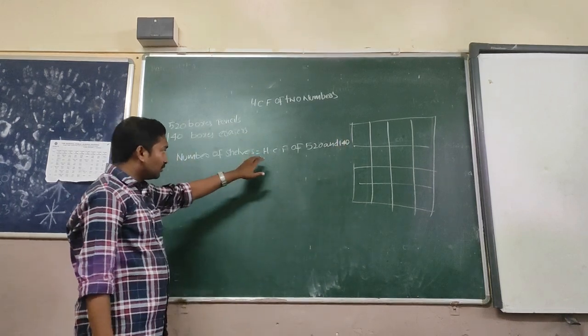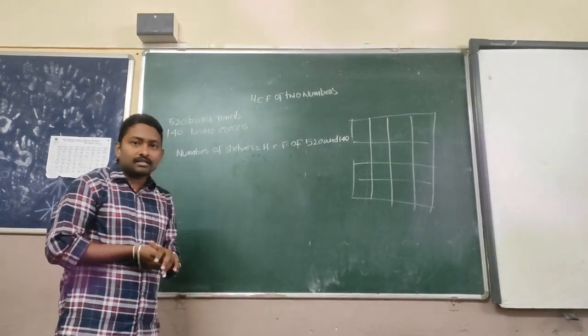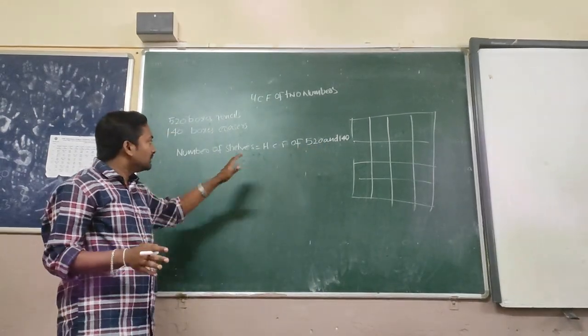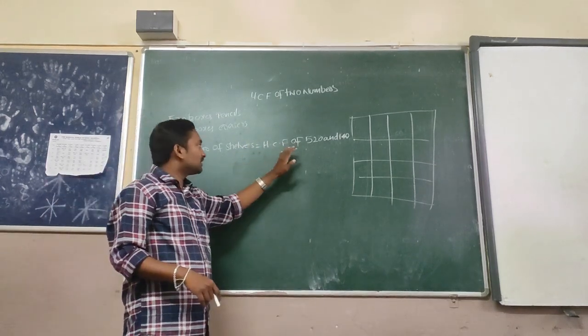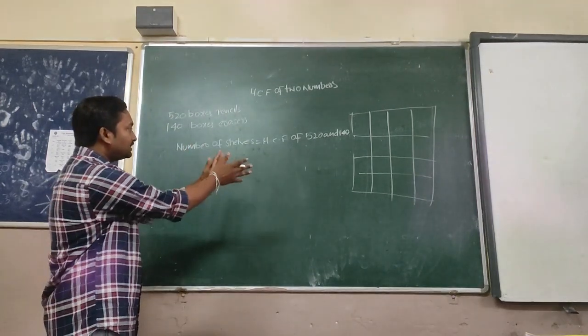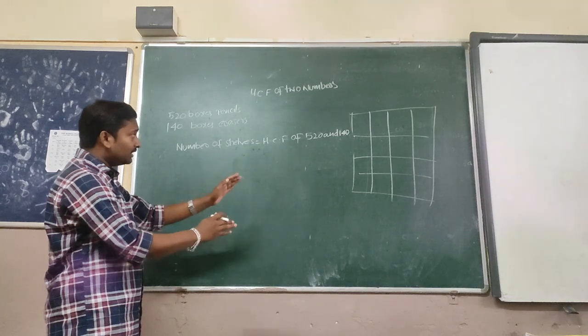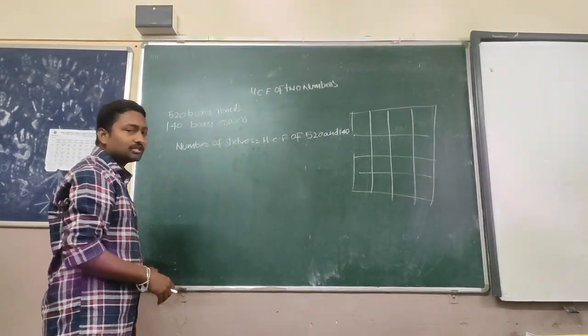So he is going to find the HCF of 520 and 140. For this Mr. Chakra used Euclid division lemma. Let's see how to find the HCF of 520 and 140 using Euclid division lemma.